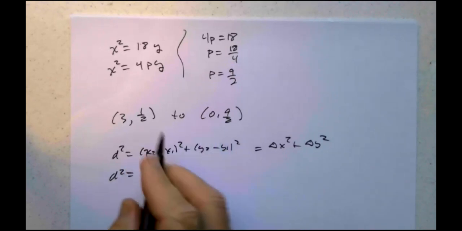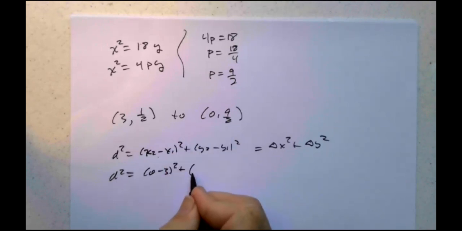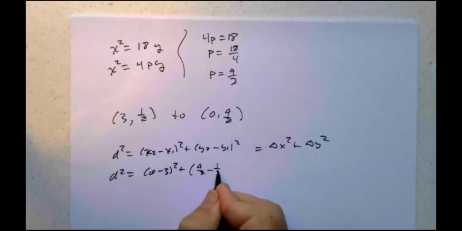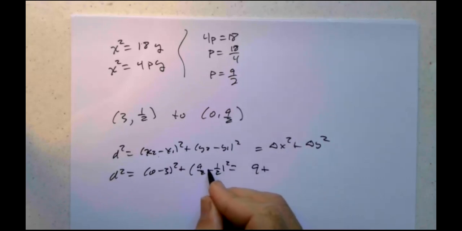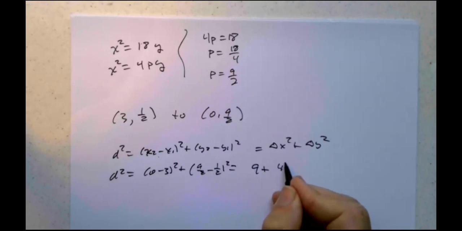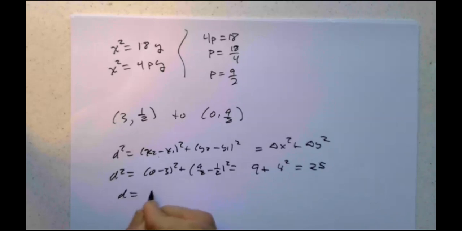So 0 minus 3 squared plus 9/2 minus 1/2. Negative 3 squared is 9, plus 9/2 minus 1/2. That's 8/2, that's 4, plus 4 squared. So distance squared is 25, so the distance is 5.